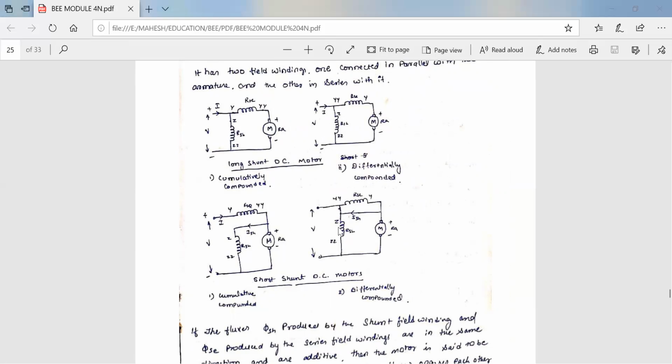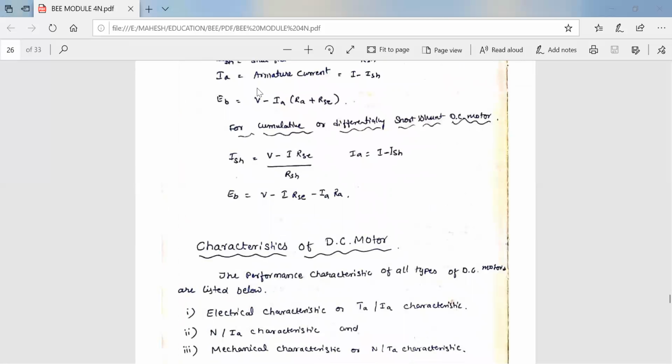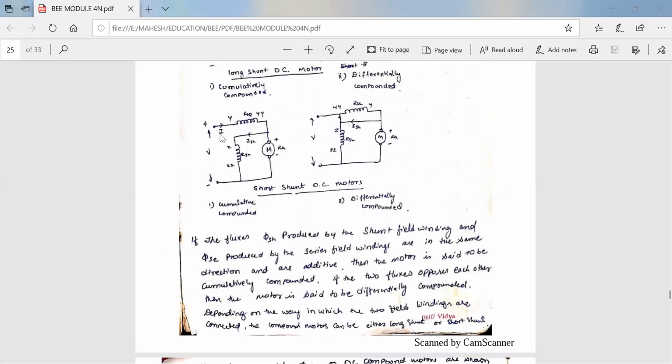Therefore, the shunt current is Ish equals (V minus Isc into Rsc) divided by Rsh. Here you can see the equations: in long shunt, Eb is V minus Ia into (Ra plus Rsc), whereas here it is V minus I into Rsc minus Ia into Ra. Here the line current is equal to the series current, that is I equals Isc.